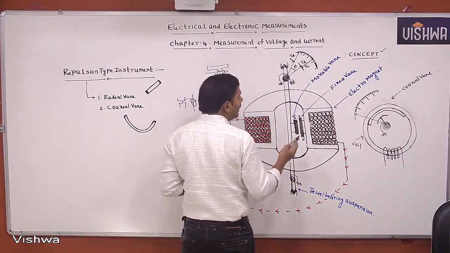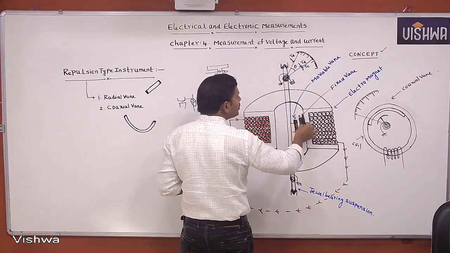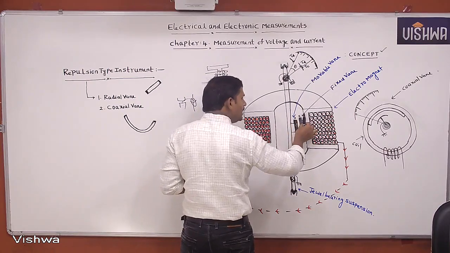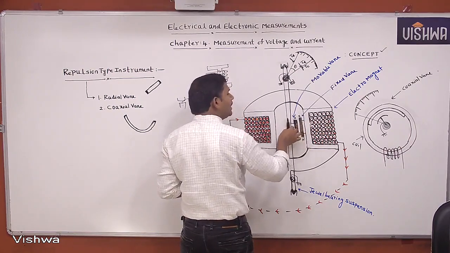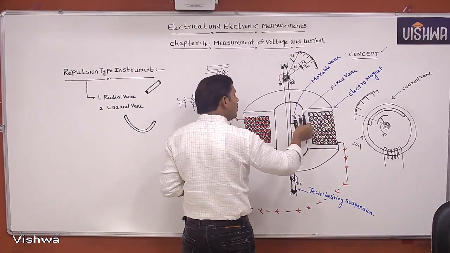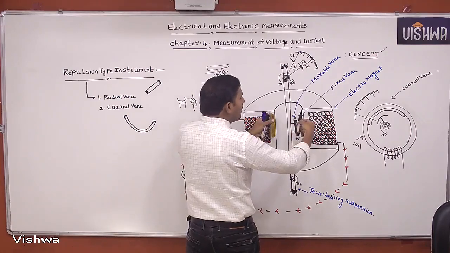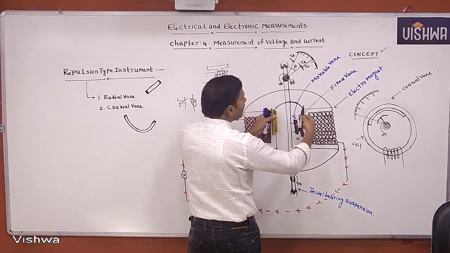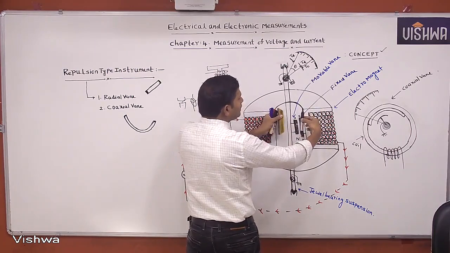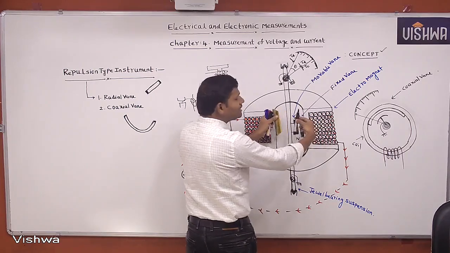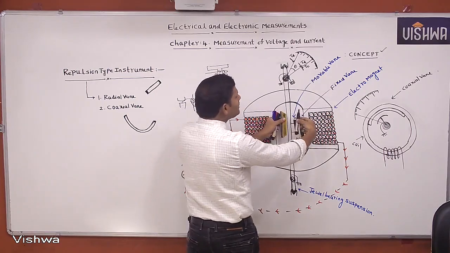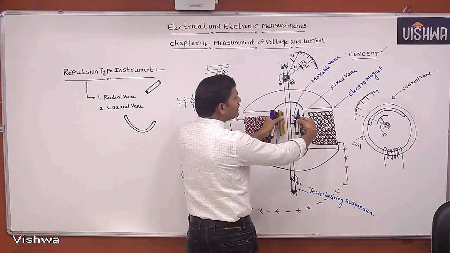This iron piece is fixed to the hollow cylinder, and this one is fixed to the spindle. Let us assume that these two are the iron pieces, magnetized in the same direction. Because of similar poles, a repulsive force exists.